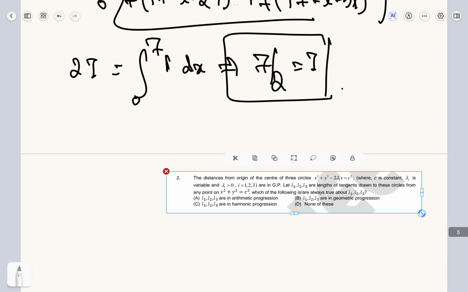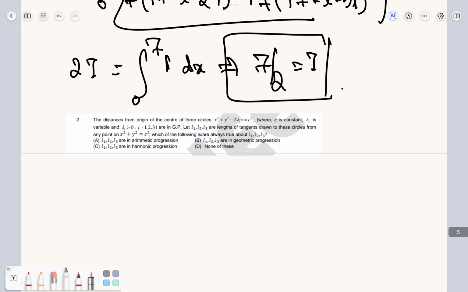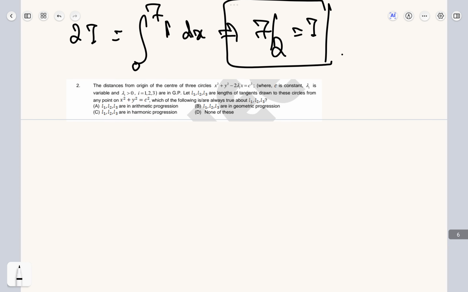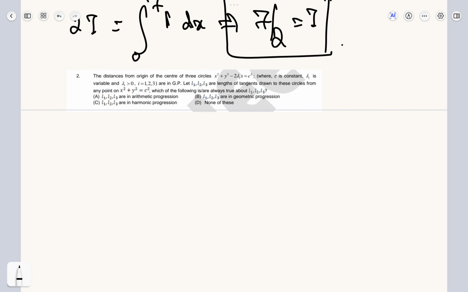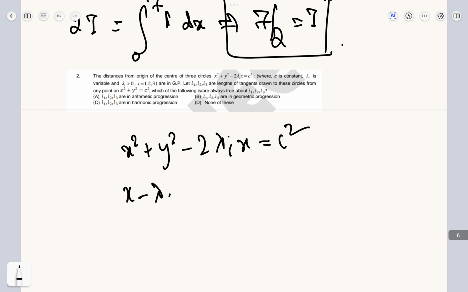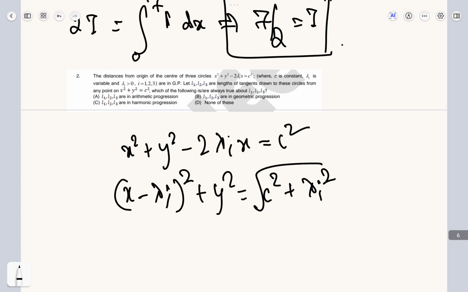Let's move forward. Okay, so this is the question. The distances from the origin of the centers of the circles are in GP. So x square plus y square minus 2 lambda_i x is equal to c square, where (x minus lambda_i) squared plus y squared is equal to c square plus lambda_i squared, right?